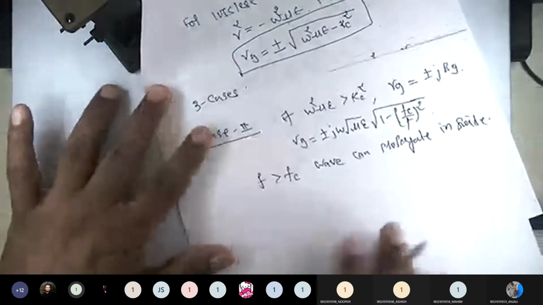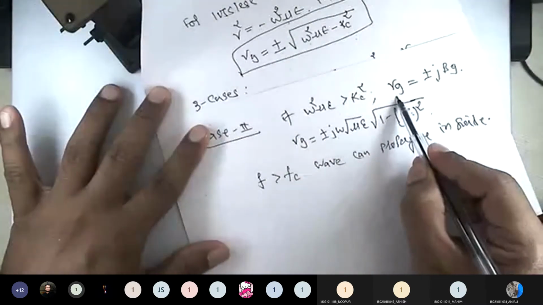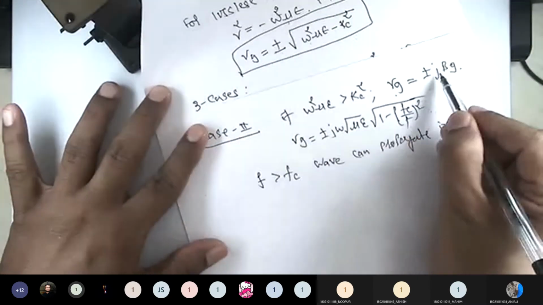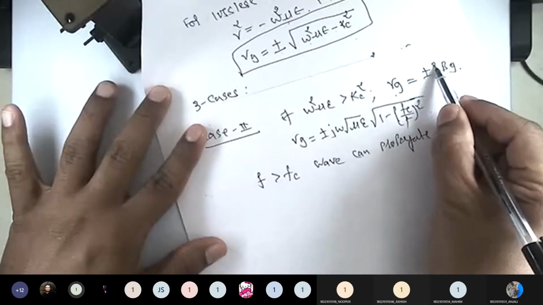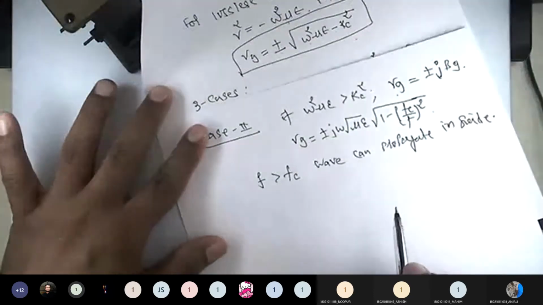And why can it propagate? The reason is that here the propagation constant gamma g becomes the complex conjugate, a minus j term. So what does it indicate?